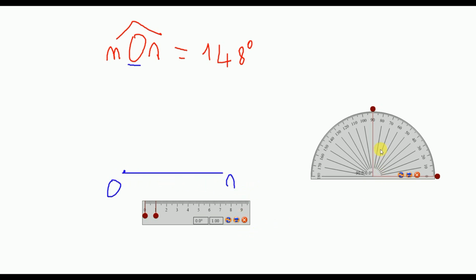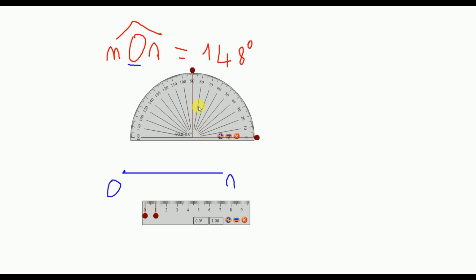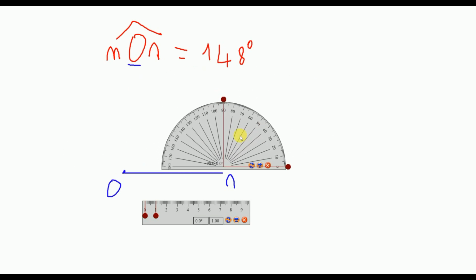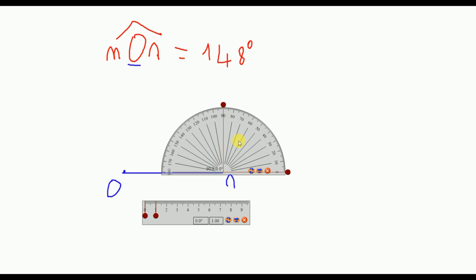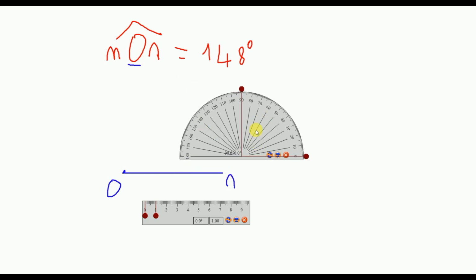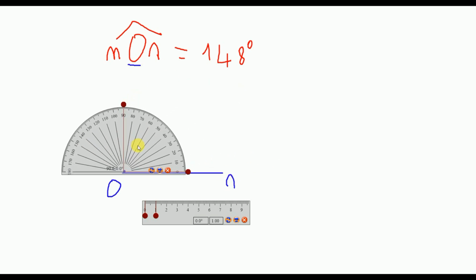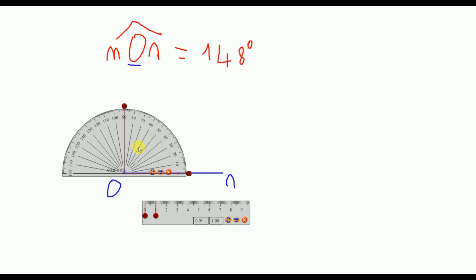Then I bring my protractor. I put the center of my protractor on the vertex O, not on point N. N is not the vertex. After placing the center on point O, I make sure the 0-degree line is on the semi-line ON.